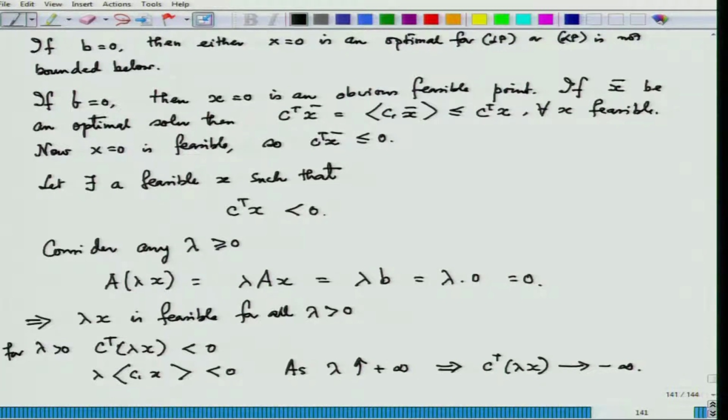So, when b is equal to 0, c transpose x bar cannot be strictly less than 0, but has to be equal to 0. So, c transpose 0 is also equal to 0, which is the minimum. So, 0 is the minimum value, and thus x equal to 0 is a solution.